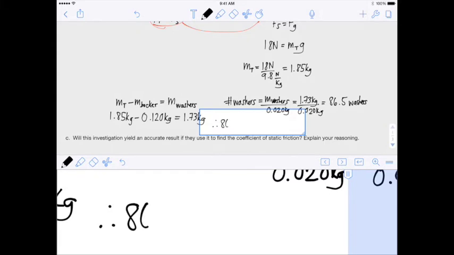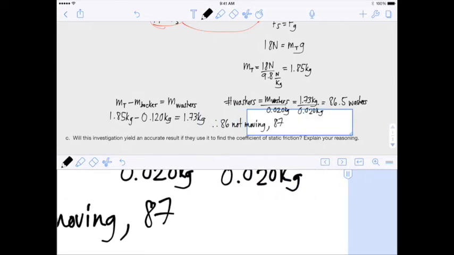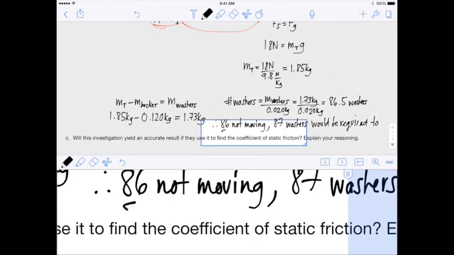So 86 washers would result in the block standing still, but 87 washers would cause this system to start accelerating, the block to the right and the bucket down. So 87 washers would be required to start motion.